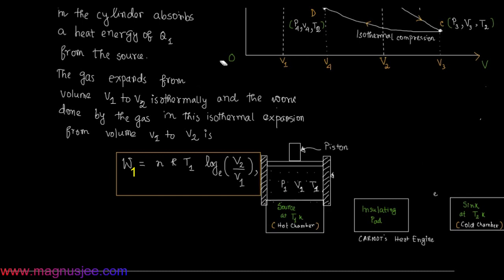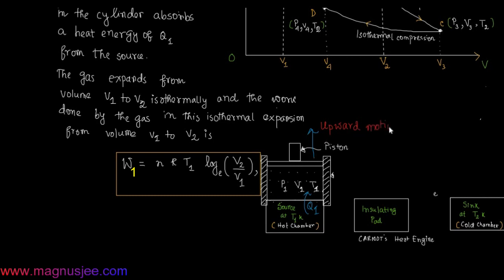In this isothermal expansion, the cylinder is placed on the source such that the gas in the cylinder absorbs a heat energy of Q1 from the source, and isothermal expansion occurs, and the piston fitted with the cylinder moves upwards. That means there will be upward motion of the piston fitted with the cylinder containing ideal gas.